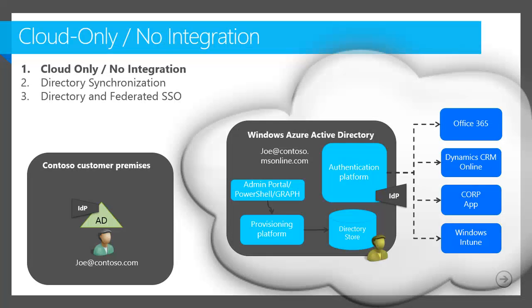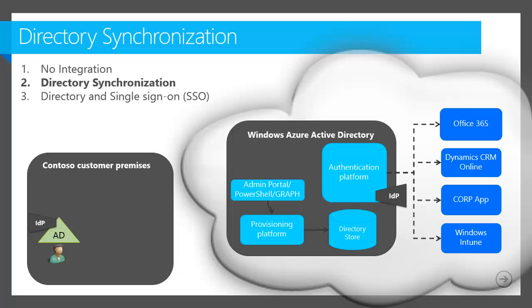The next one is directory synchronization. This is DirSync. How many people have used DirSync or heard of DirSync? Cool, we've got lots of people familiar. DirSync is not too hard. It's pretty straightforward when you have single forests.